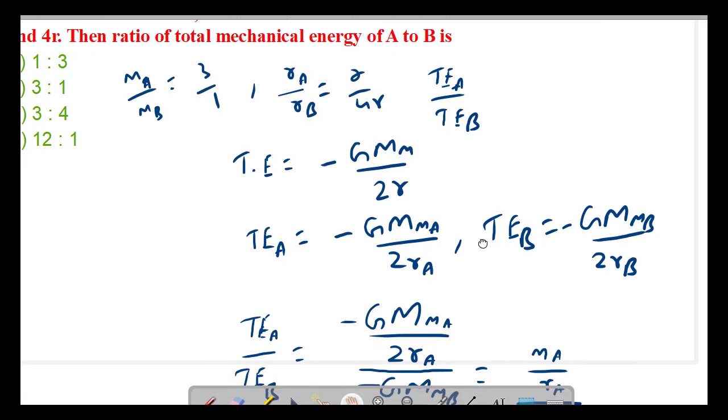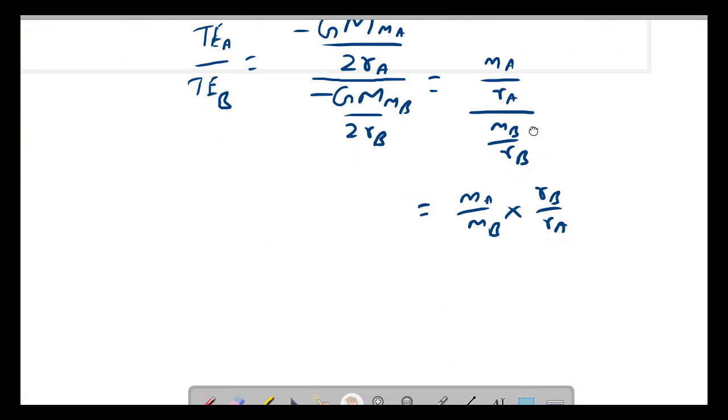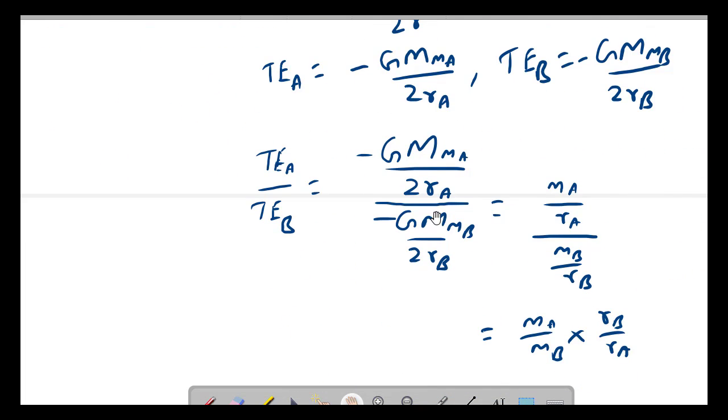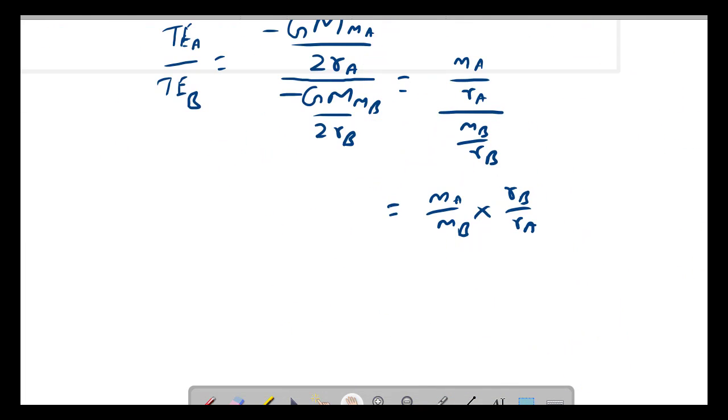RA upon RB is 1 by 4, but we have to write RB upon RA. So mA upon mB is 3 by 1, and RB upon RA is 4 by 1. So this becomes 12.